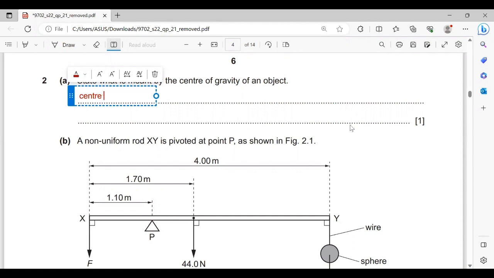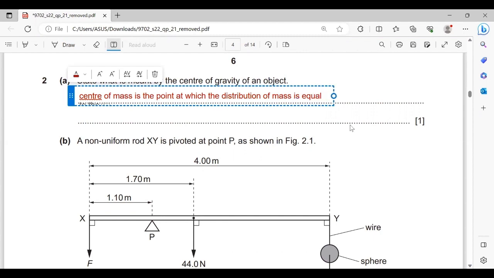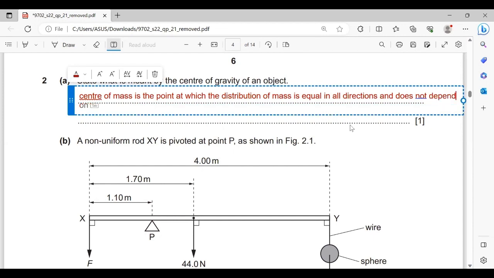Center of mass is the point at which the distribution of mass is equal in all directions and does not depend on the gravity field.